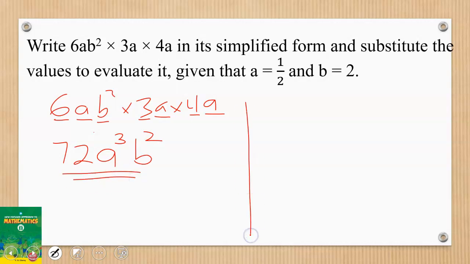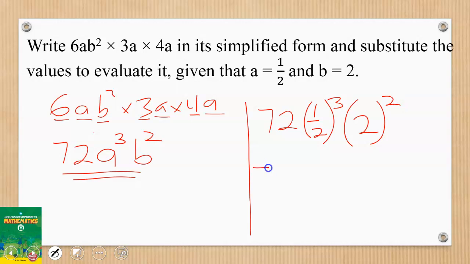Now, for us to make substitution and evaluate, we have 72 times a, and a is half to the power 3, multiplied by b, which is 2, also to the power 2. So now we can simplify this. We have 72 here. 1 over 2 to the power 3 is the same as 1 on 8.